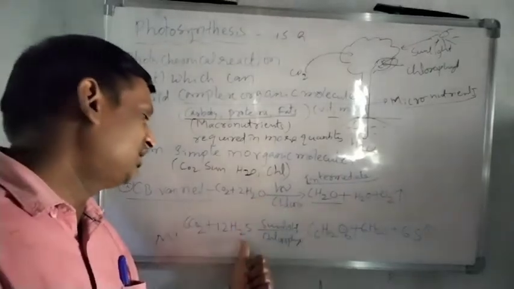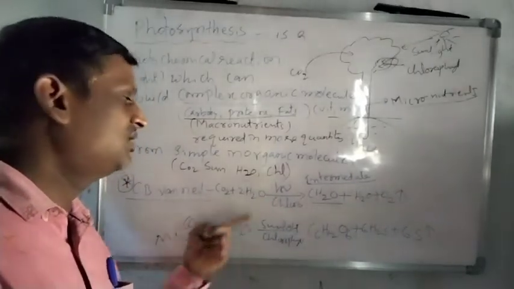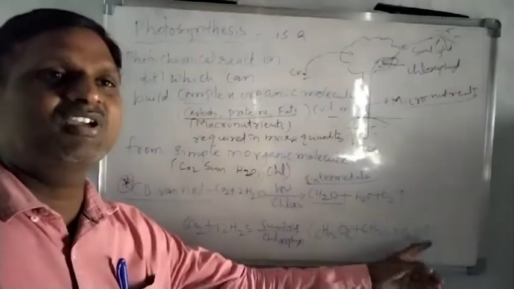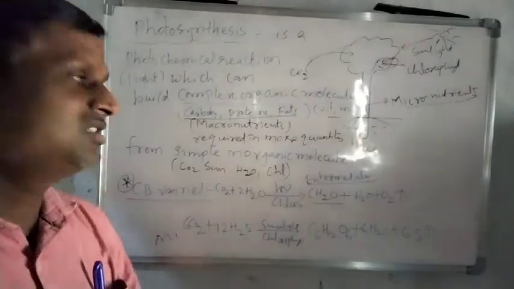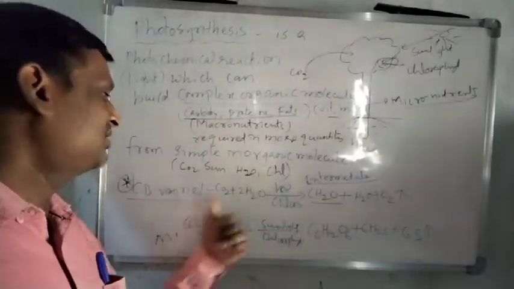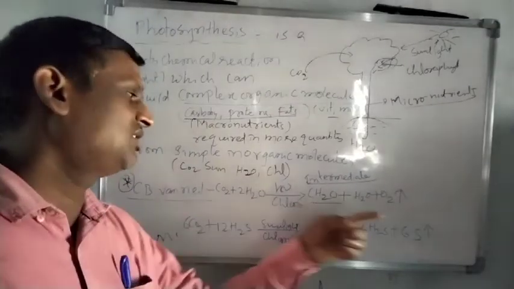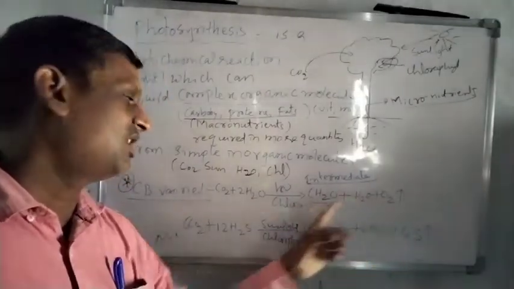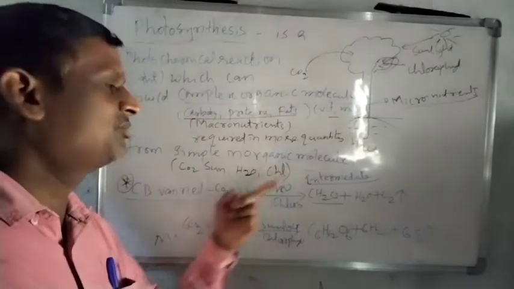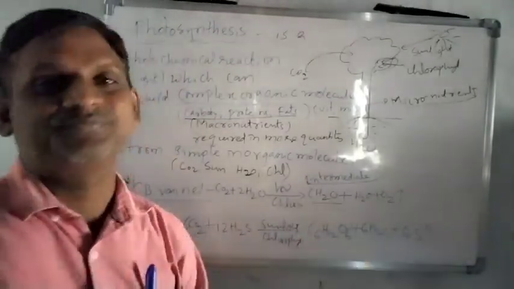Whereas when we take the water molecule as the starting material, at the end of the process we get oxygen. So we can understand that carbon dioxide can be converted into carbohydrate, whereas the splitting of the water molecule produces oxygen, or the splitting of hydrogen sulfide produces sulfur.